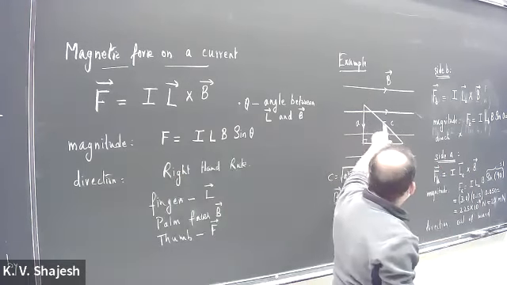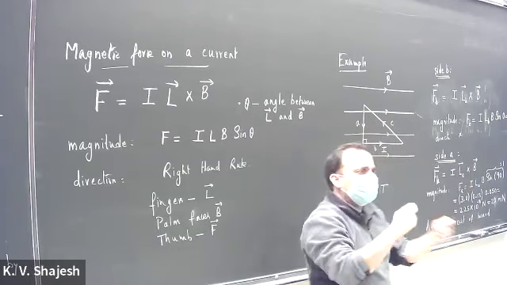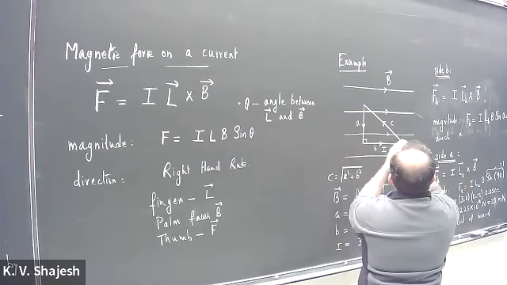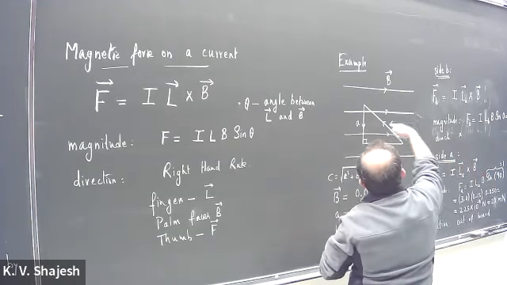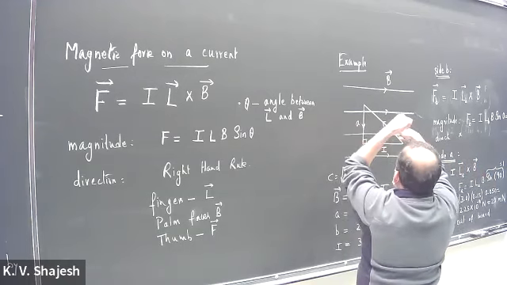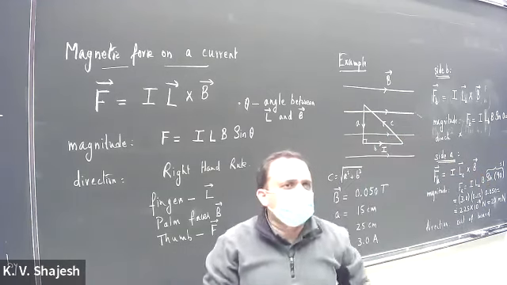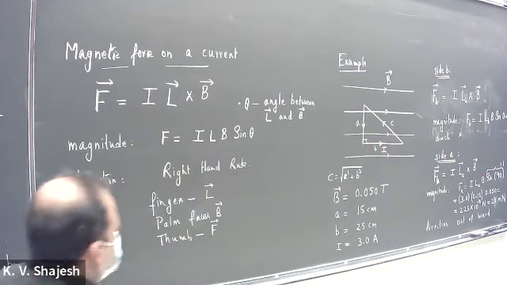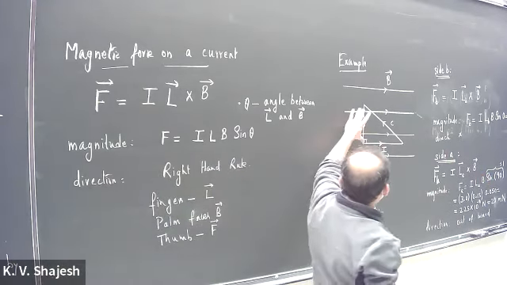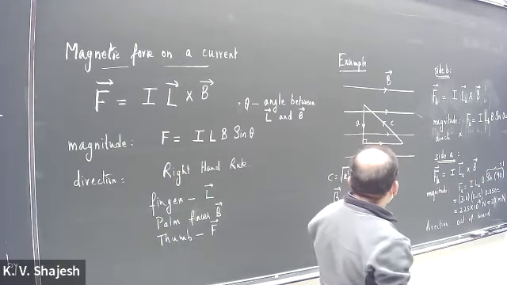We will now see that the other wire experiences a force into the board, so they try to rotate around. It's not that they will actually move in this direction. This one experiences the force into the board, and this one experiences the force out of the board, so they tend to rotate instead of actually moving in that direction. But we have not seen that yet. As of now, the only thing we can say is that this part of the wire experiences a force coming out of the board.